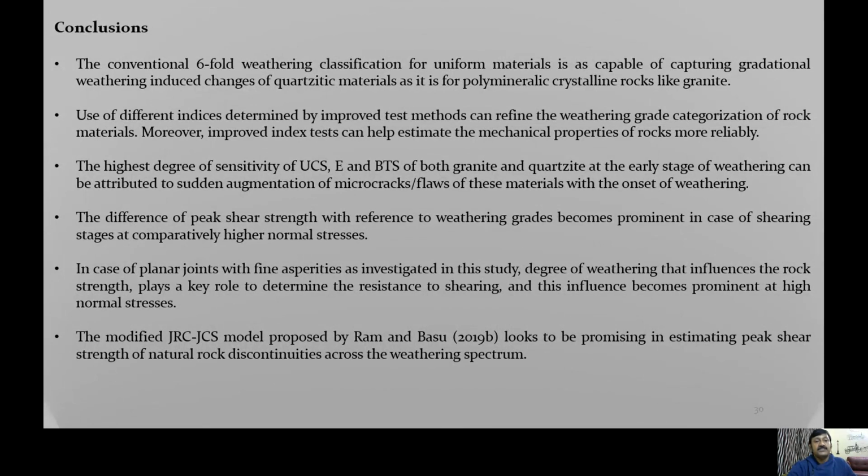The difference of peak shear strength with reference to weathering grades becomes prominent in the case of shearing stages at comparatively higher normal stresses. In the case of planar joints with fine asperities, as investigated in this study, the degree of weathering that influences the rock strength plays a key role to determine the resistance to shearing, and this influence becomes prominent at high normal stresses.